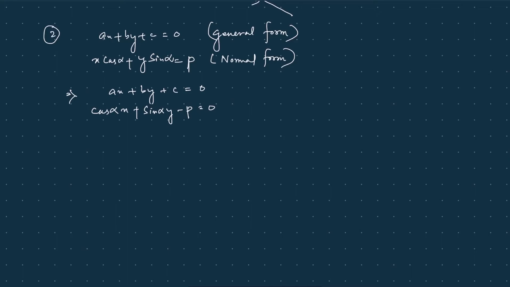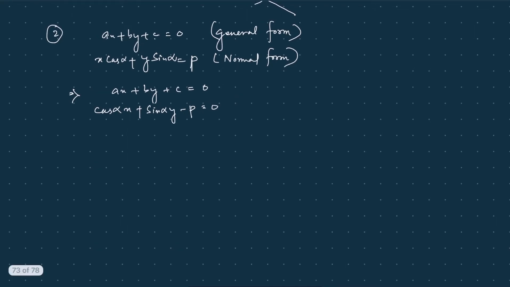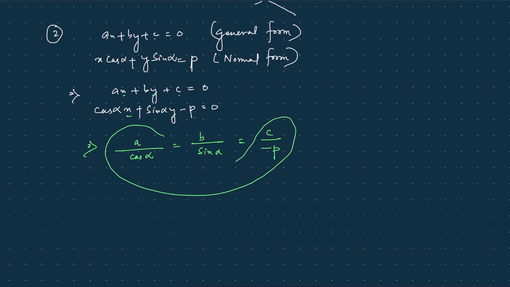Now compare the coefficients of x and y. This gives a by cos alpha is equal to b by sine alpha is equal to c by minus p. I take one case like this and another case like this.